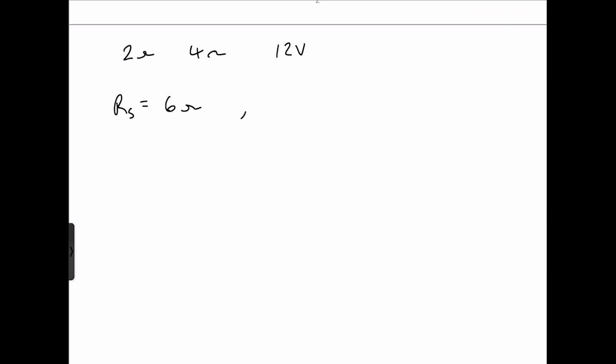We know that I1 is equal to Vs, which is 12 volts, divided by the total Rs, which is 6 ohms, and that will equal 2 amperes. Because remember, resistors in series see the same current, correct?